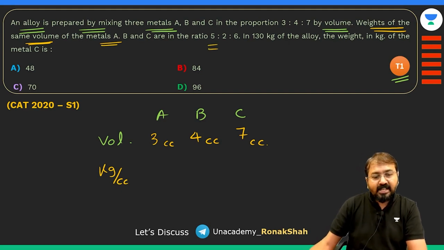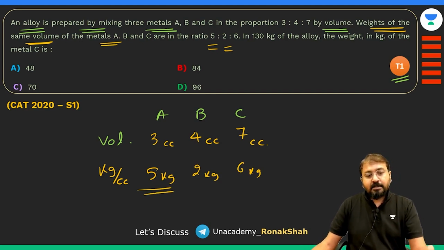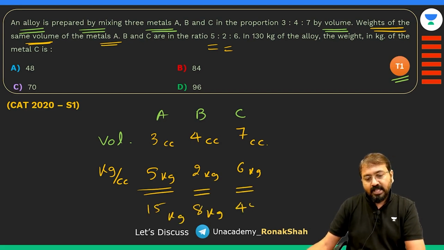So I can take that as 5 kg, 2 kg and 6 kg per cubic centimeter. Now, the total quantity of material A as per my calculation, because I have assumed certain values, will come out to be 15 kg, this will be 8 kg and this is 42 kg. So the total comes out to be 65 kg.